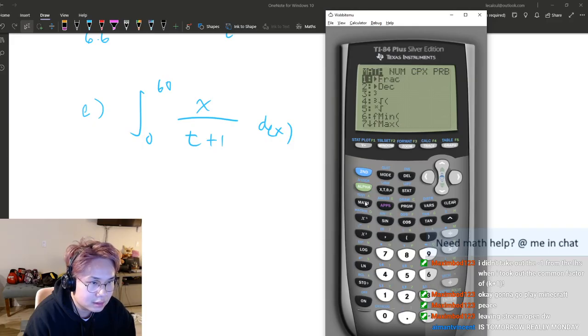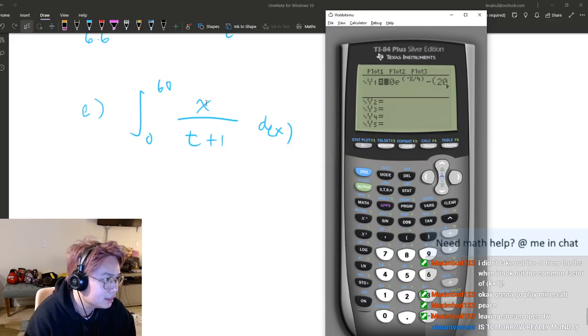So let's go to this. Now note what this is. The x divided by t minus 1. That was this part of the graph function. This part. So what I'm gonna do is I'm gonna delete this first term.